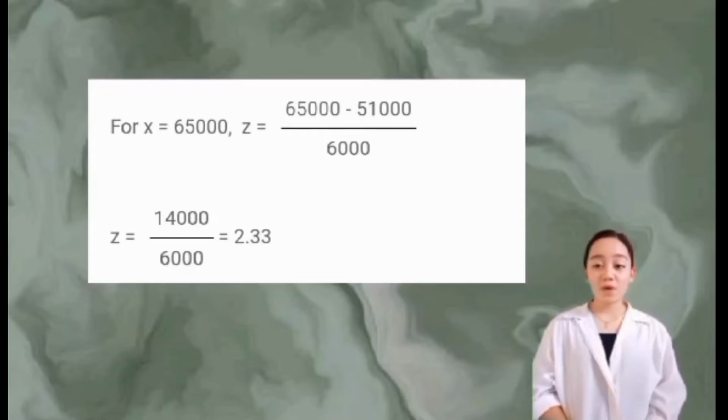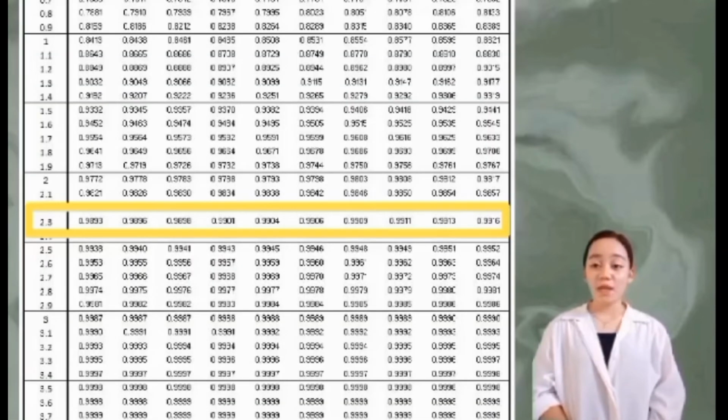So our Z-score is equal to 2.33. Since it is a positive Z-score, of course we will use the positive Z-table. Remembering the 3 steps, for step 1, we need to go down to the row on the left side of the table with the first 2 digits of our Z-score, which is 2.3.